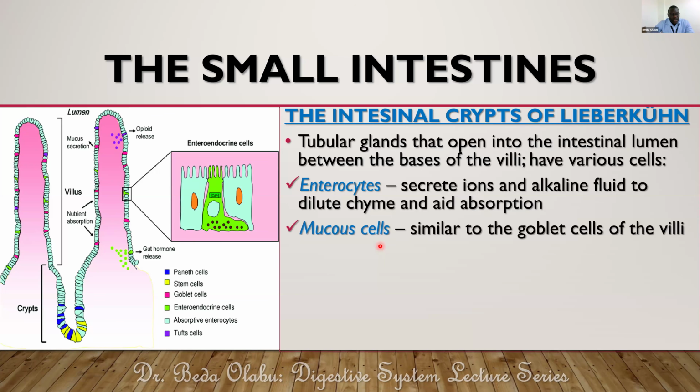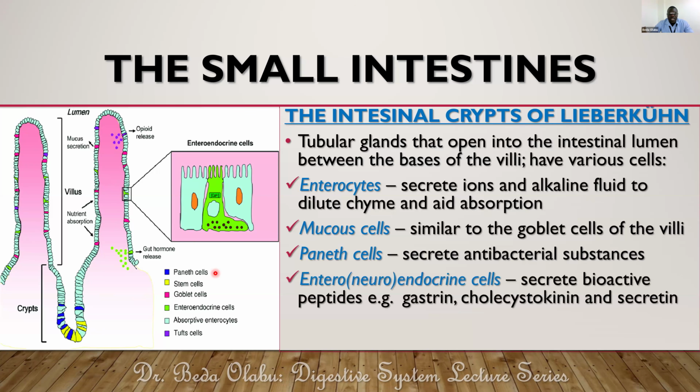The mucus cells in the cryptal epithelium function similarly to those of the villus epithelium. We have Paneth cells of the cryptal epithelium. These produce some substances which have antibacterial properties, so therefore immune functions as well.